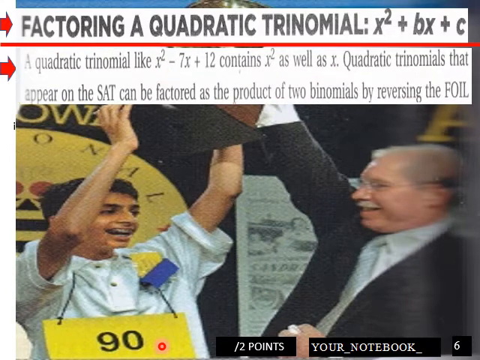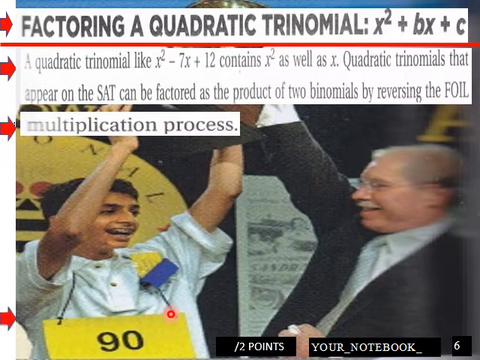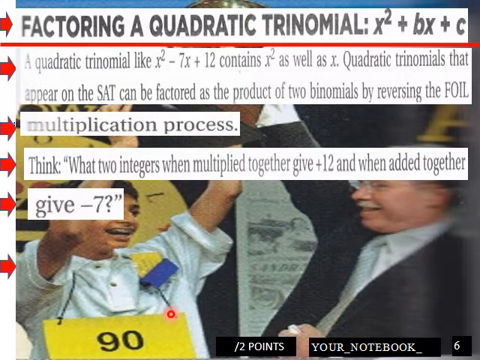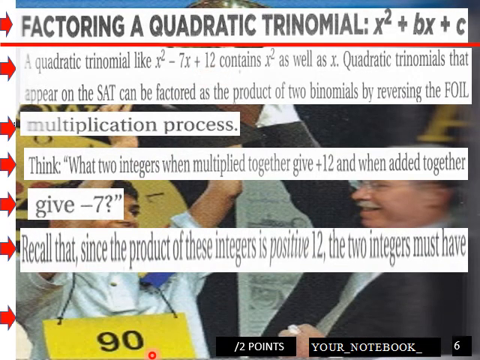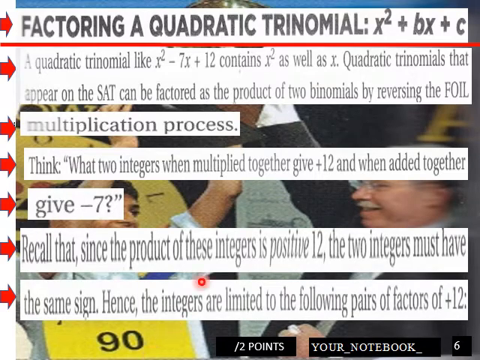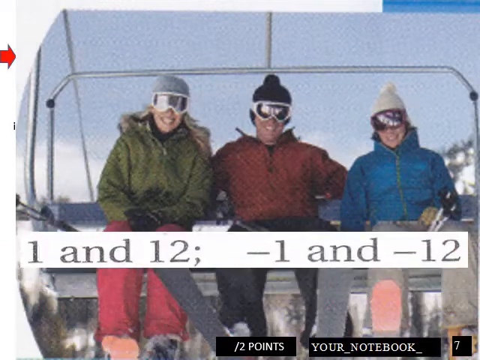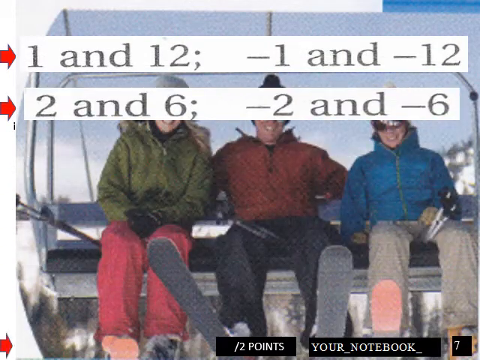Factoring a quadratic trinomial. What two integers, when multiplied together, give positive 12 when you're factoring trinomials? You always have to think about your C element of a trinomial. That's usually the key part of factoring a trinomial when A is 1.